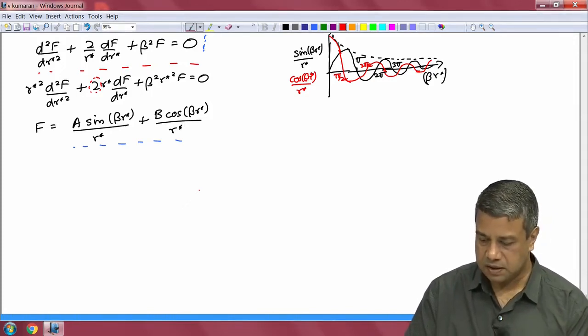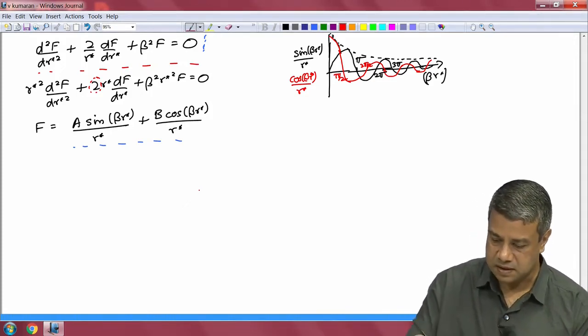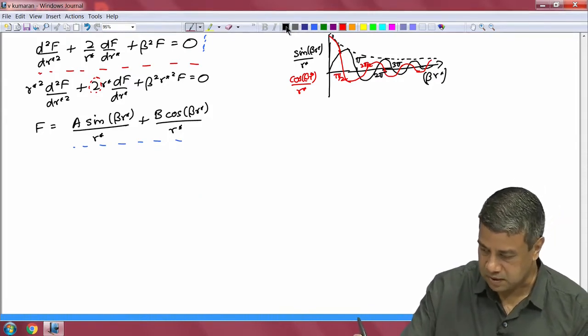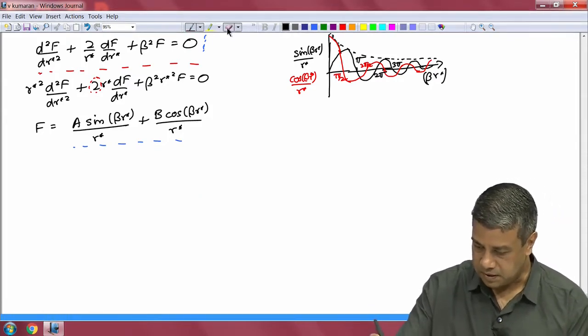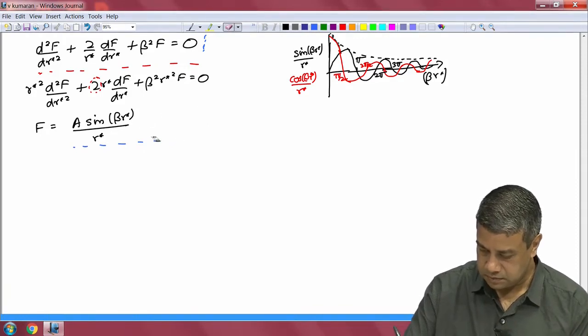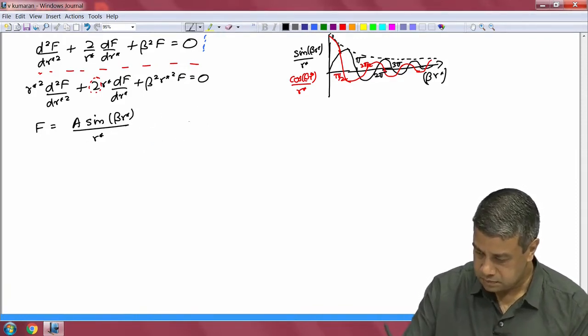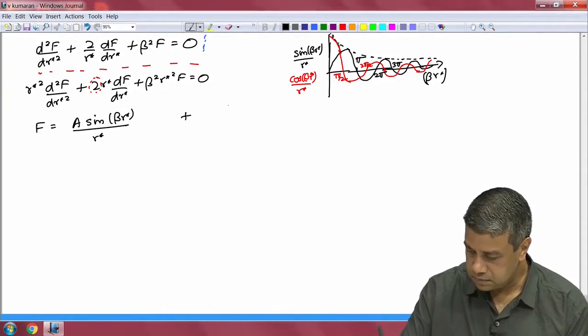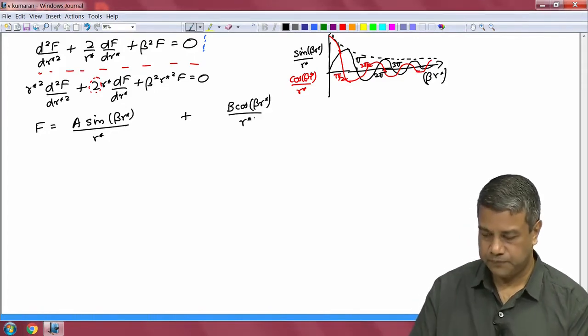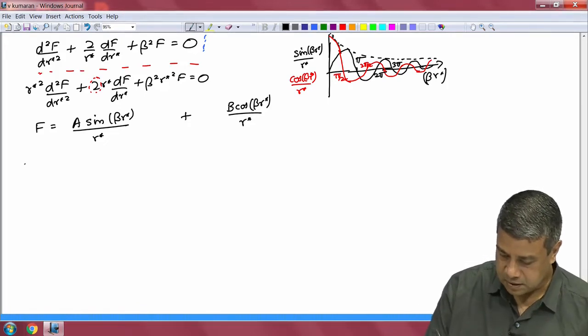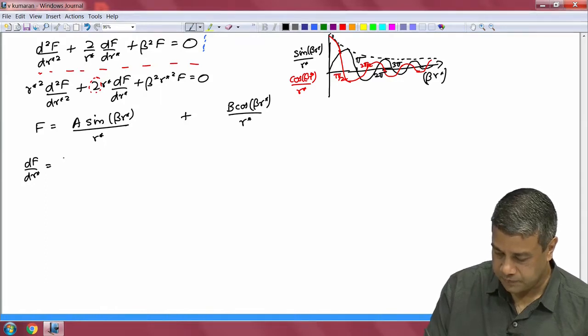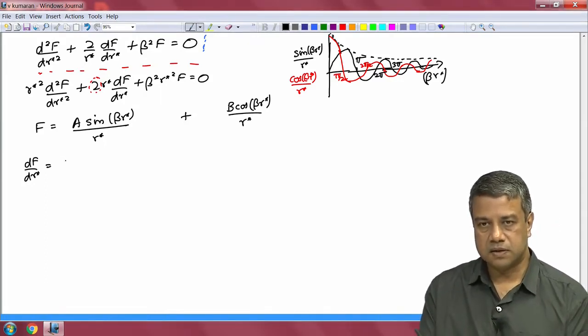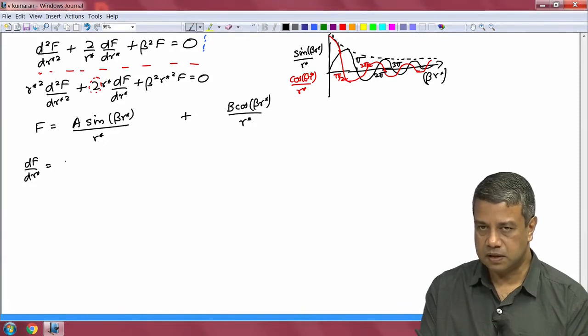And you can show that this function actually satisfies this equation here. So, I will just go through that. Let me write. That means that df by dr is equal to, differentiate using chain rule, first the numerator and then the denominator.